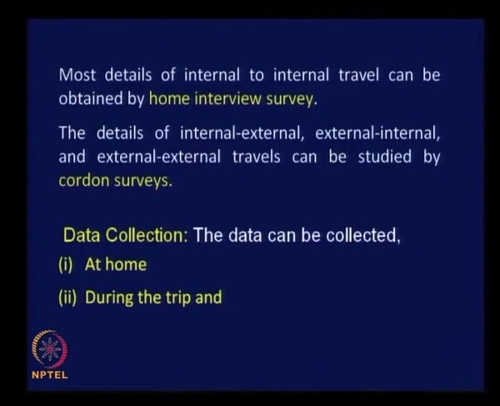Or during a trip you can just capture passengers in a train or bus or on the roadside, people making use of all kinds of vehicles, and get some information about the trip, right. These are possibilities. Another possibility is at the destination of the trip, when they are coming and parking their vehicle at the destination, you can capture them and get some information about the trip, right.